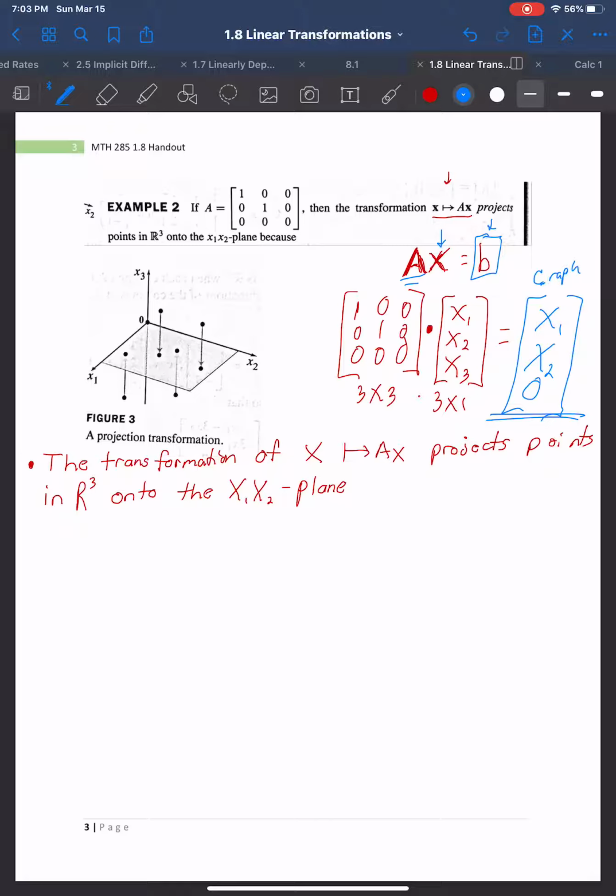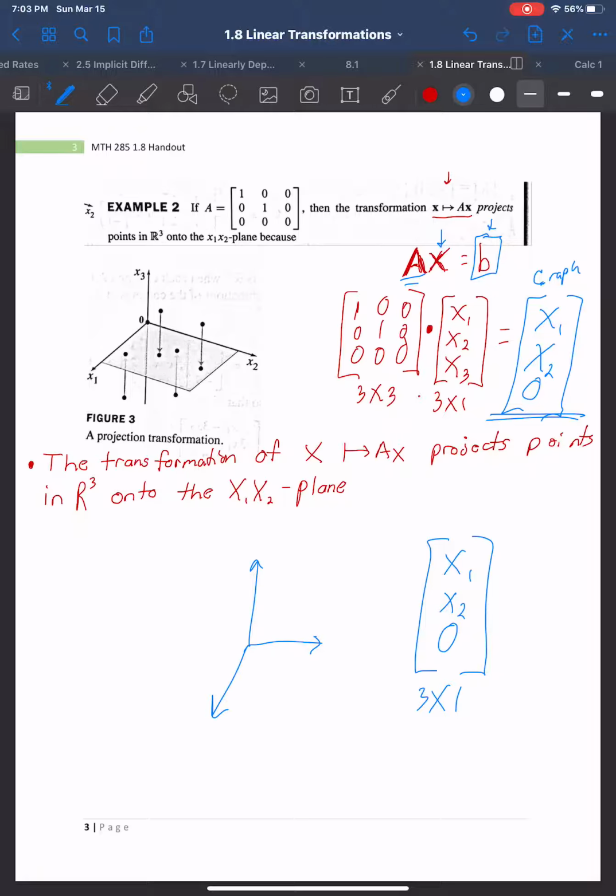What would you have? Well, I'm looking at the structure of b. Now, this is a 3 by 1, so we should be thinking that we are in space.